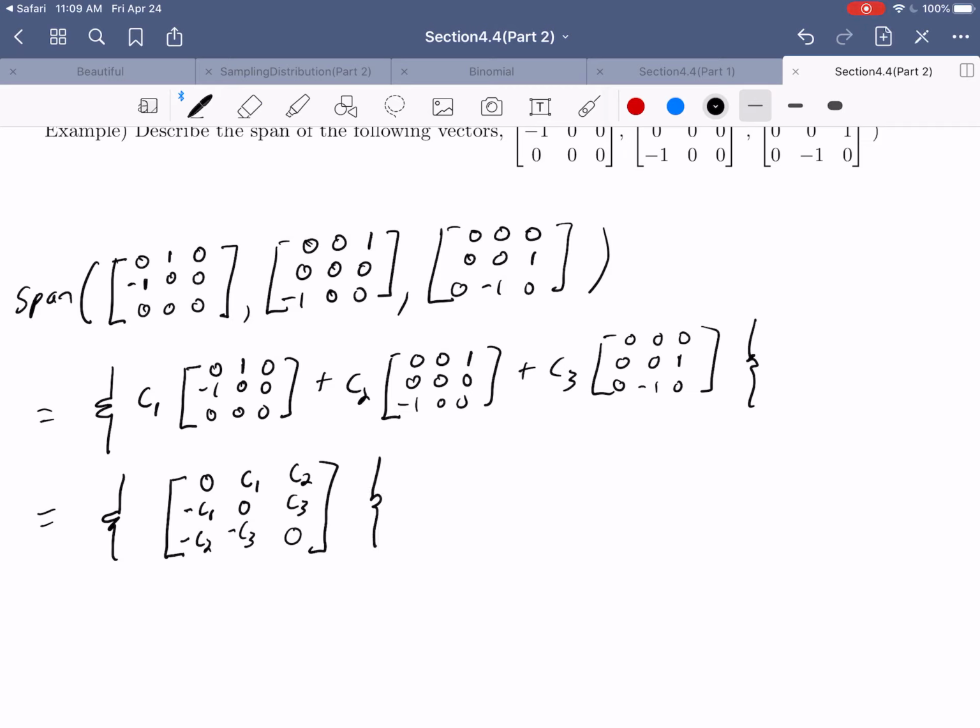Okay, so that right there is the span of these three vectors. It's the matrices that look like this. But can we say a little bit more about these matrices? I mean, this is a good description mathematically.